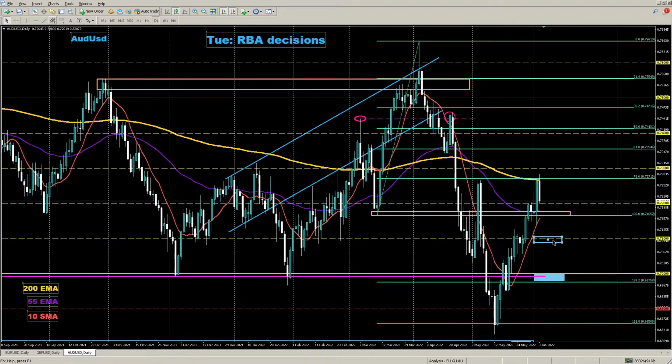Okay, so this is still a valid support zone. This has now turned into support.